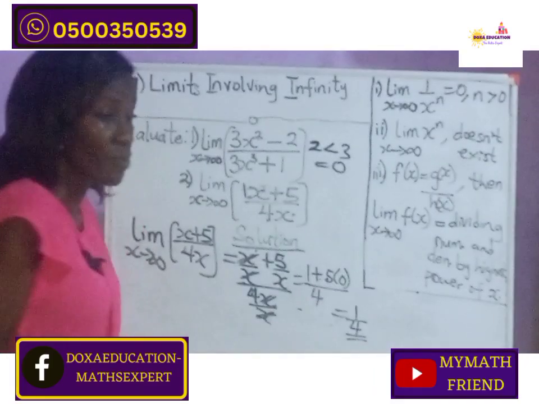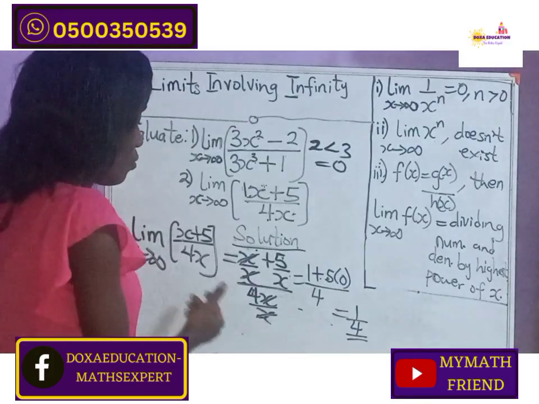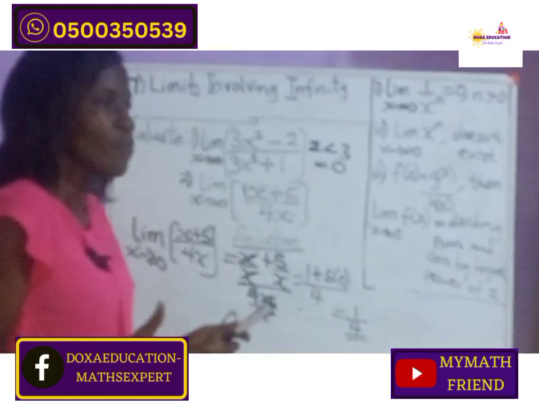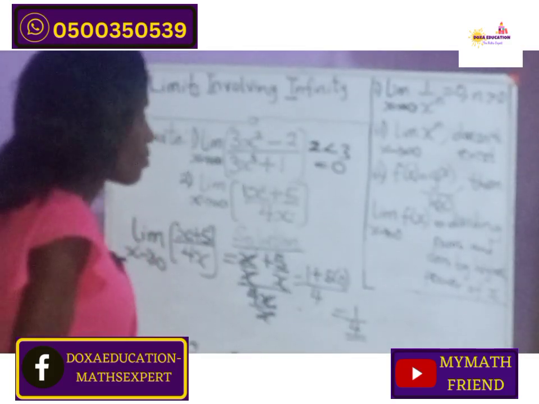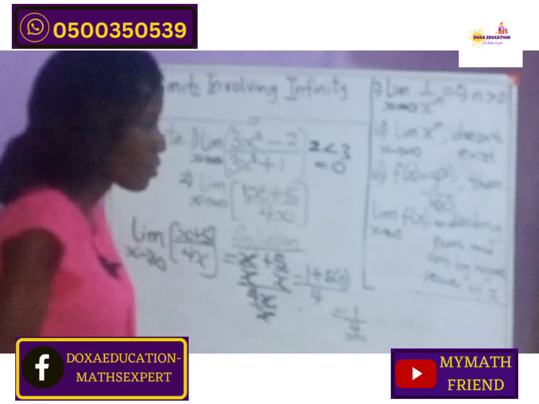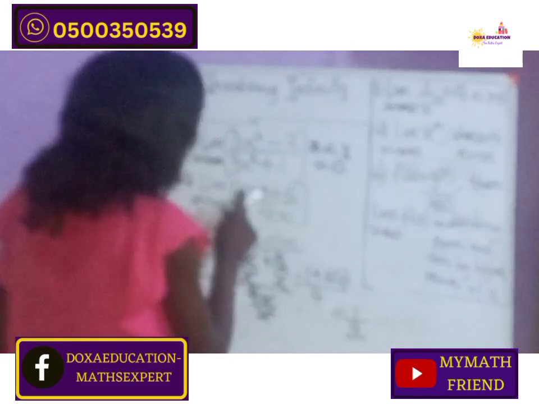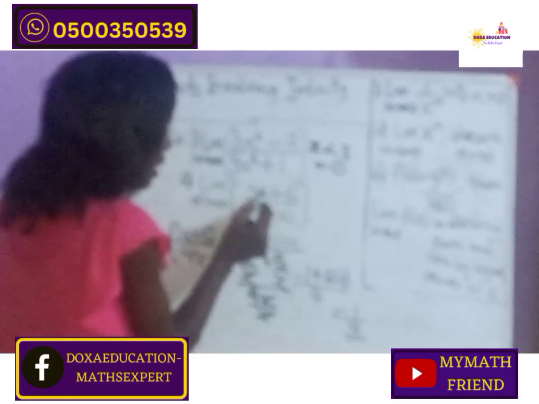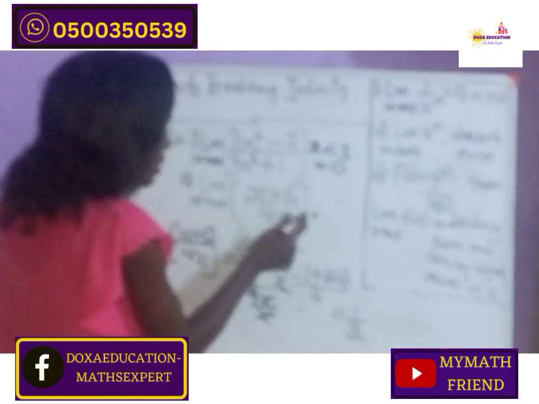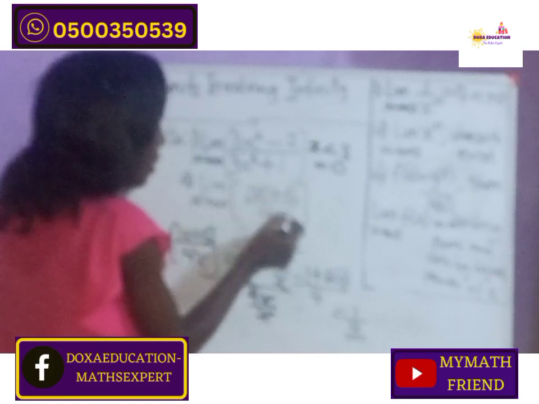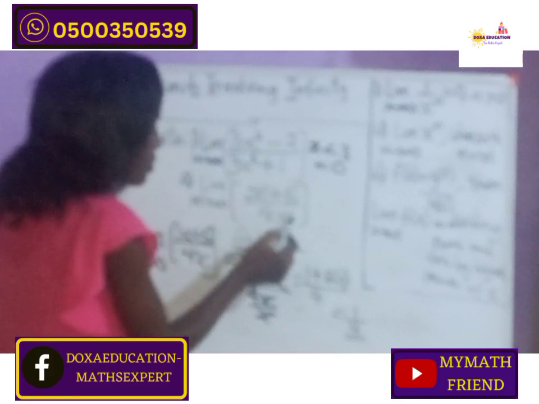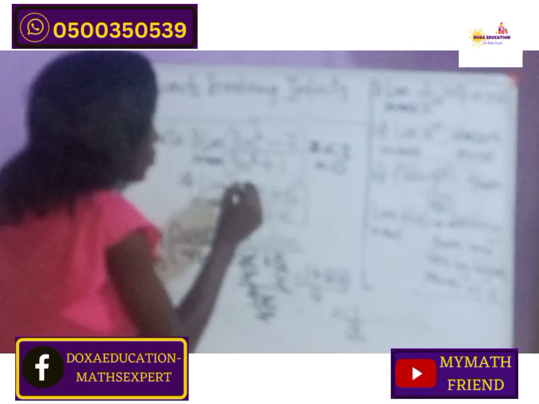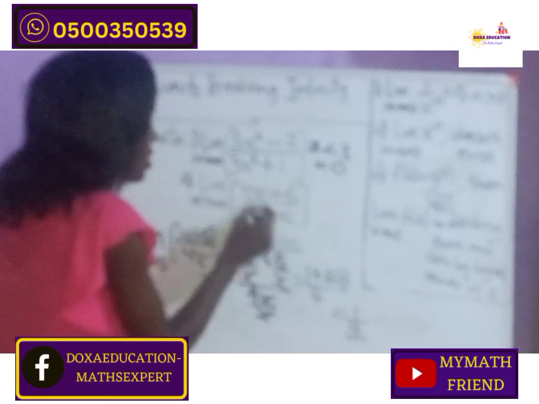For purposes of section B or theory, you will solve it this way. Now, for objectives, where we just need to provide answers in a time-bound manner, what you do is check the powers. The highest power of the numerator, x, is 1, and the highest power of the denominator, x, is also 1. So they are the same powers. If they have the same powers, you just divide their coefficients.